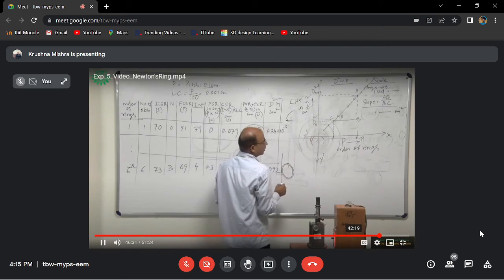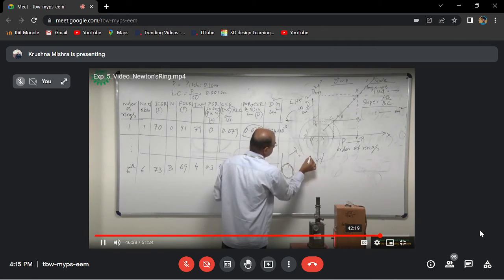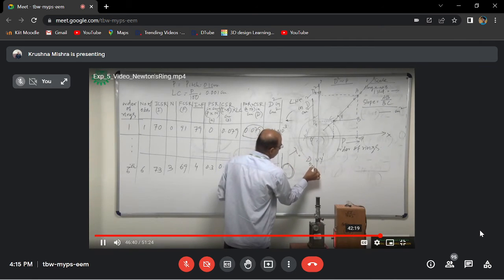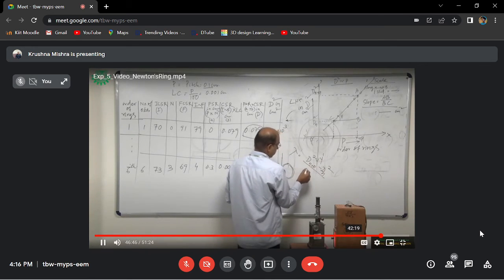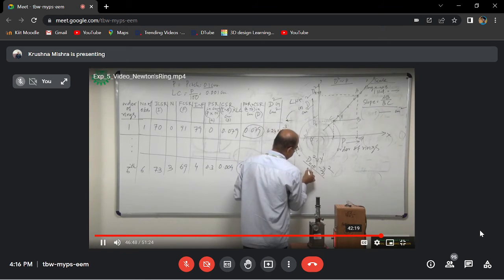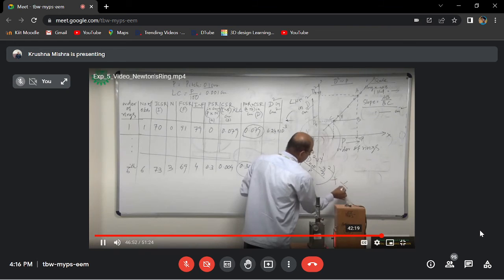from the graph, we can put the value in the working formula for lambda, that is (Dn+p square minus Dn square) divided by p, multiplied with 1 by 4R.